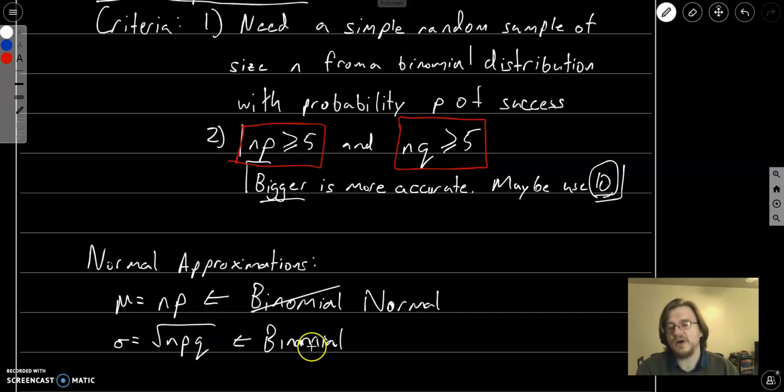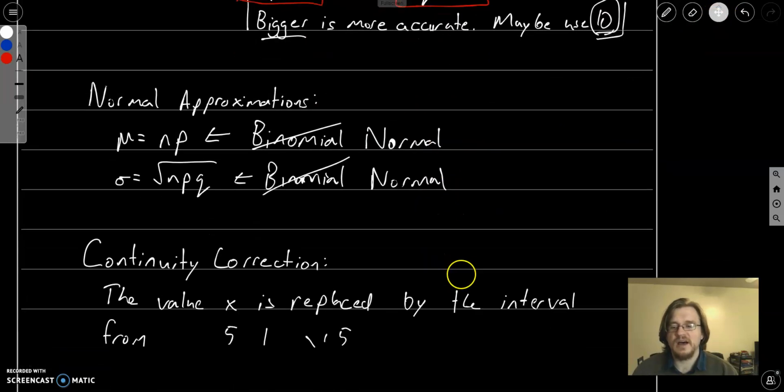Rather than thinking, I've got a binomial distribution with this standard deviation, we're going to think of it as a normal distribution. So when we say that we're approximating this as a normal distribution, we're taking the numbers from the binomial distribution and plugging them into a usual normal distribution.